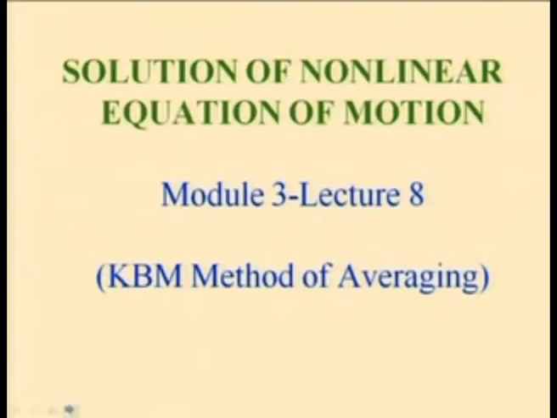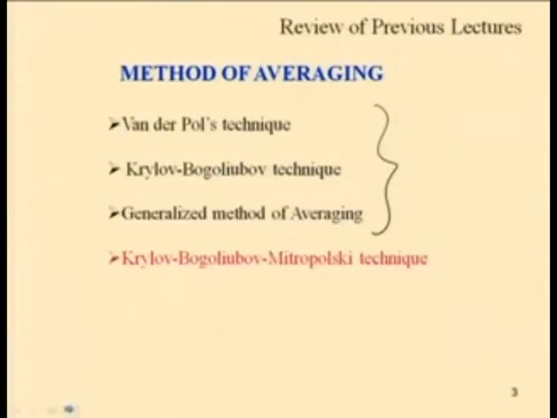Previously we have studied the van der Pol equation, the Krylov-Bogoliubov technique and the generalized method of averaging. These are different methods of averaging, and in today's class the Krylov, Bogoliubov and Mitropolsky technique will be dealt with. This is an extension of the Krylov-Bogoliubov technique, which was developed in 1947.